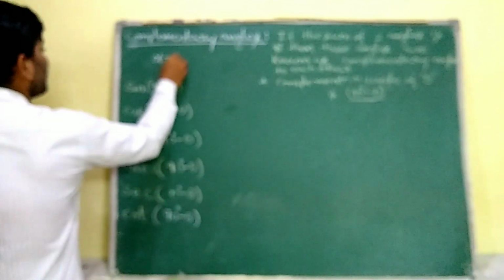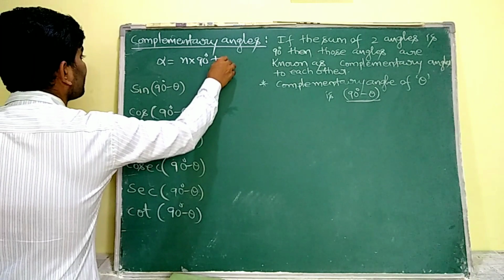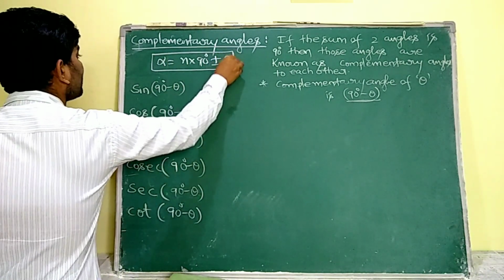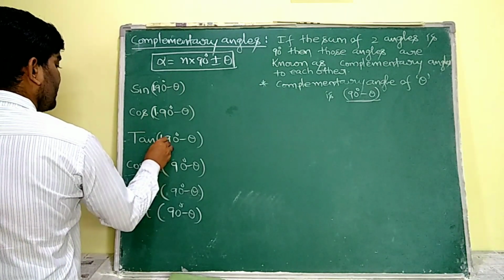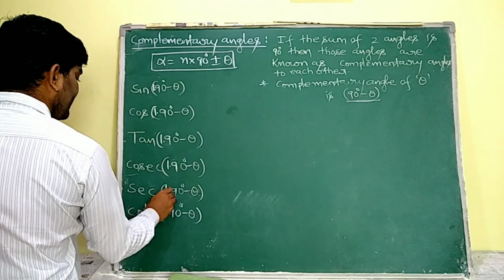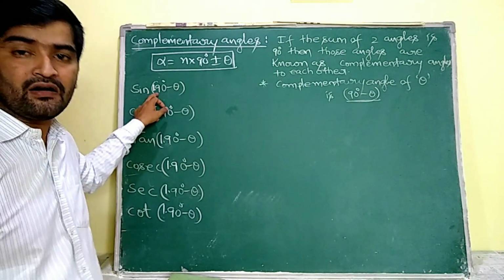Alpha is equal to some n into 90 degrees plus or minus theta. Here 90 means it is 1 into 90 everywhere. Everywhere I am going to write 1 into 90. Now in the place of n I have an odd number.